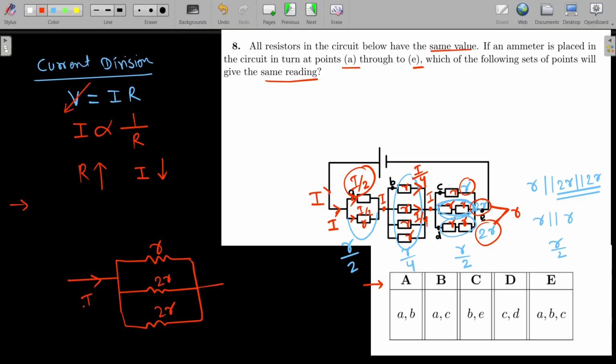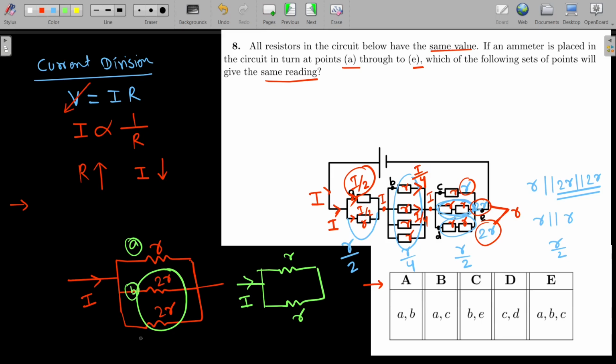And current I is coming. The combination of this 2R and 2R is again R, so you can think of it in this way: this is R, this is also R, and current I is flowing. Suppose this is resistor A, this is resistor B and this is resistor C. This R is the equivalent of B and C.